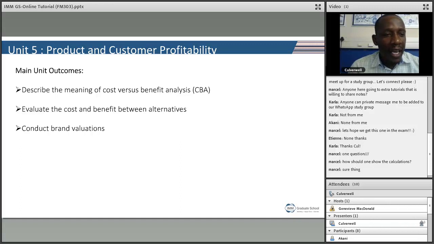Then it takes me to calculating the cost and benefit between alternatives. On your e-learn, there is one question asking whether this product is going to be beneficial for a company to go ahead and implement or not.